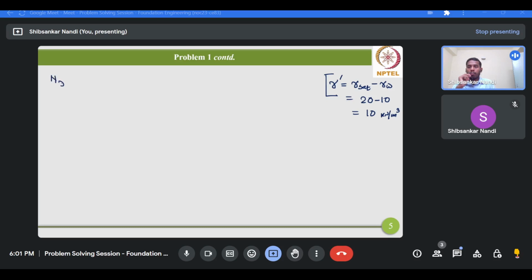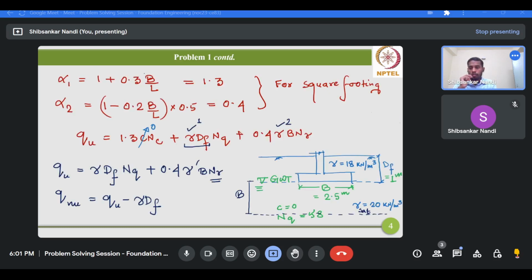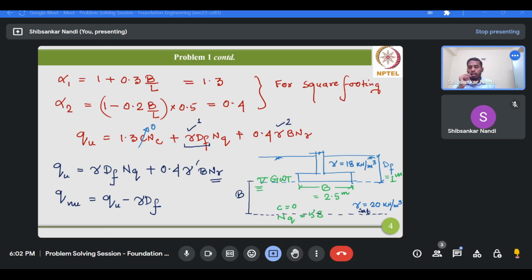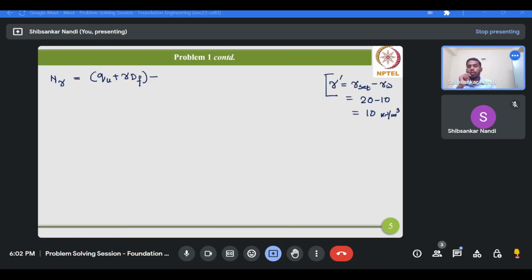This will be qu minus gamma Df. Because qnu is given to you, we can substitute this expression here.